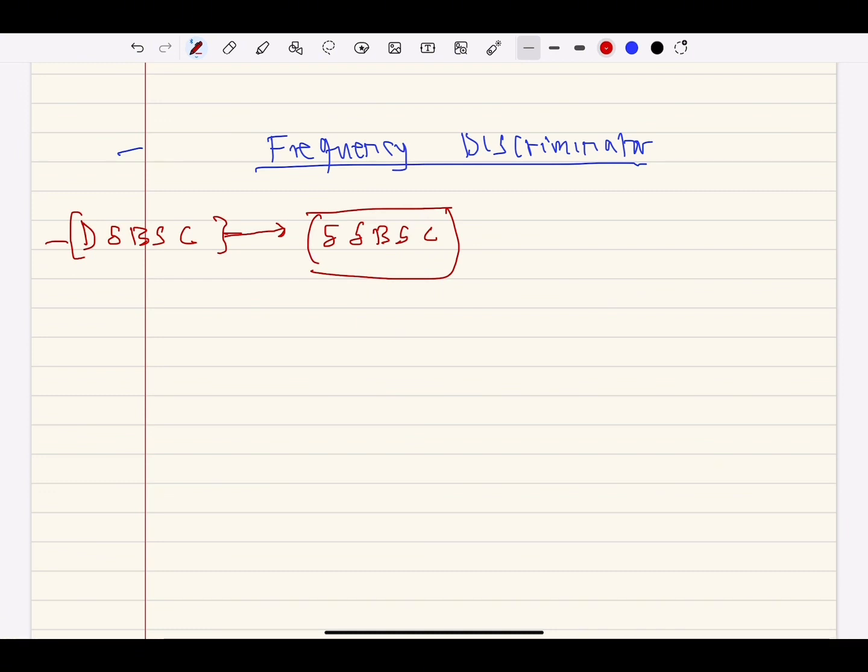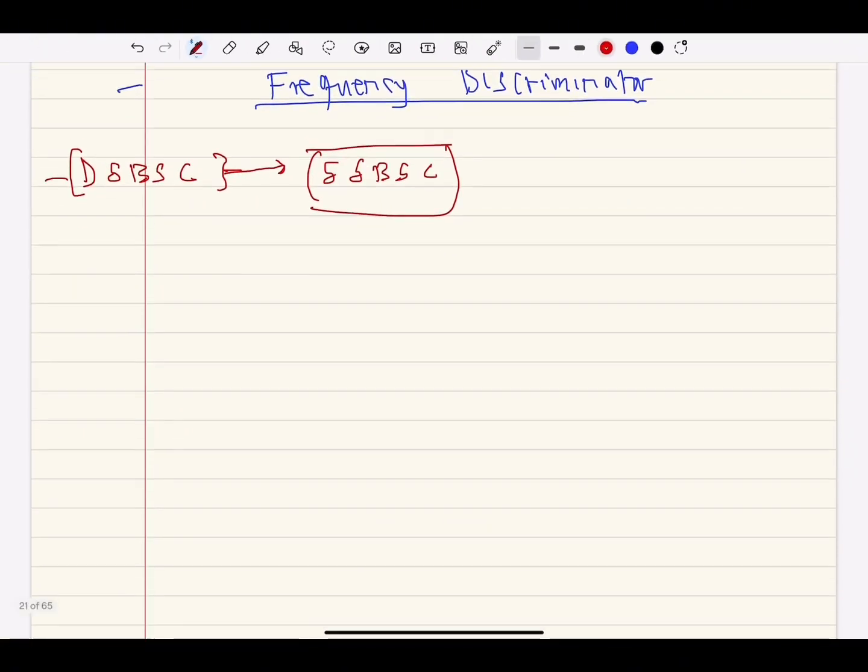If you want to get the lower sideband as your SSBSC output, you tune the filter in such a way that its frequency range will fall within the lower sideband frequency range. In that case, we will be able to allow the lower sideband frequency to pass, leaving the upper sideband out. You will be able to see that we have been able to suppress both the carrier frequency and the upper sideband frequency.